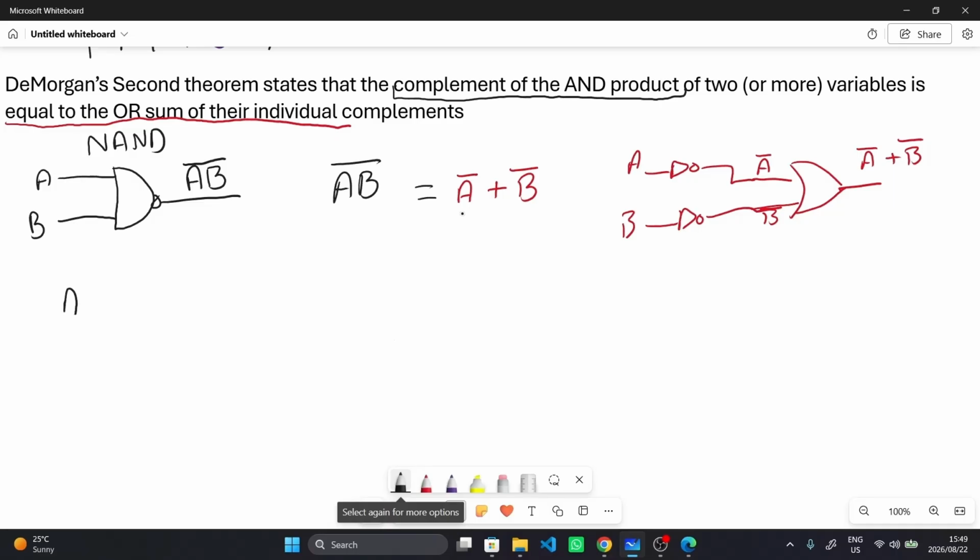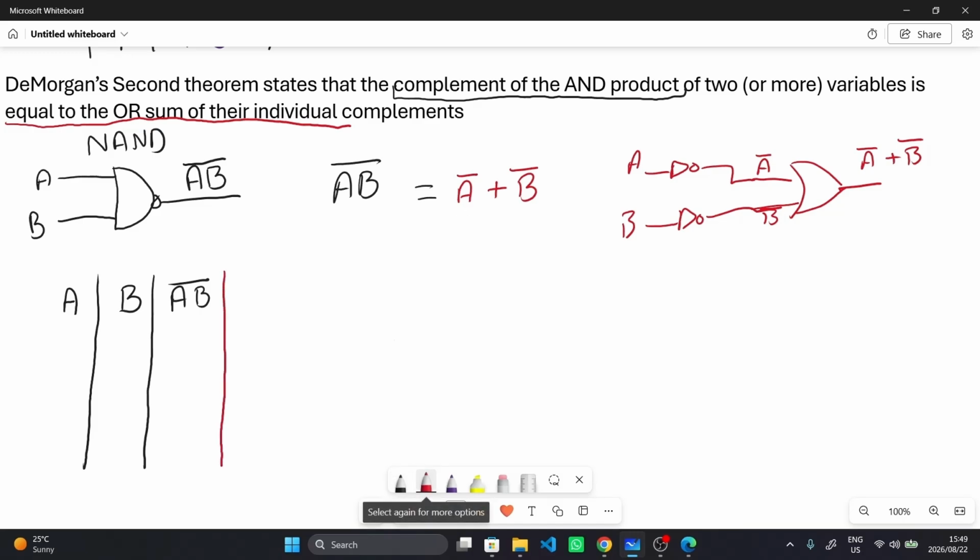So you have A, B, then you have your outputs, first one A times B complement, second one being A complement plus B complement.